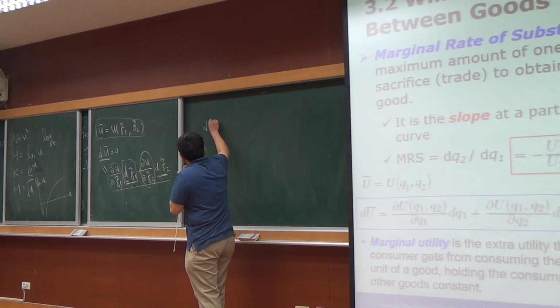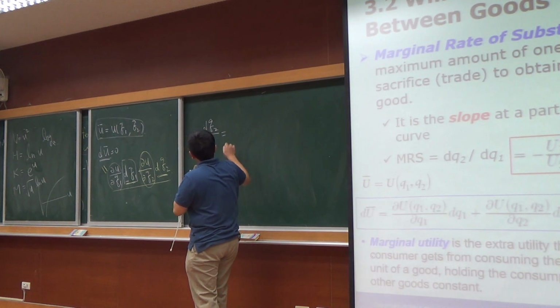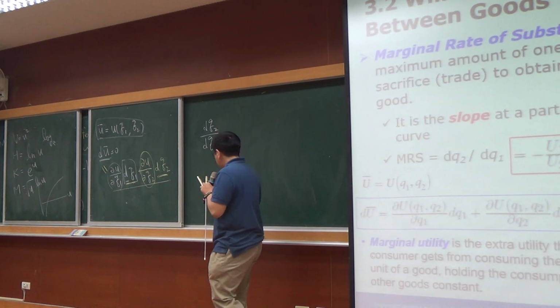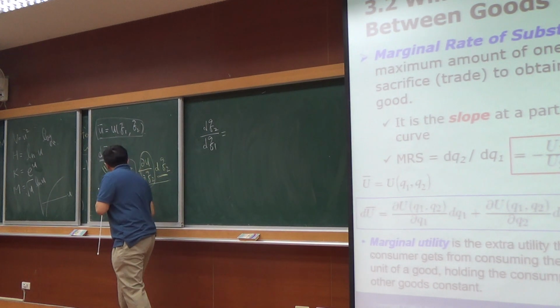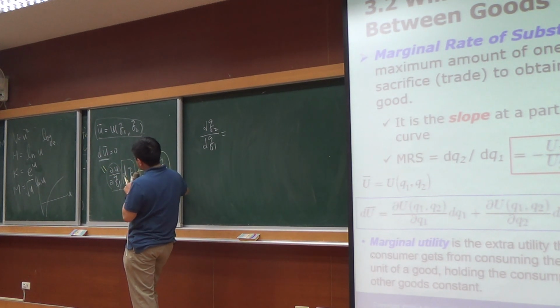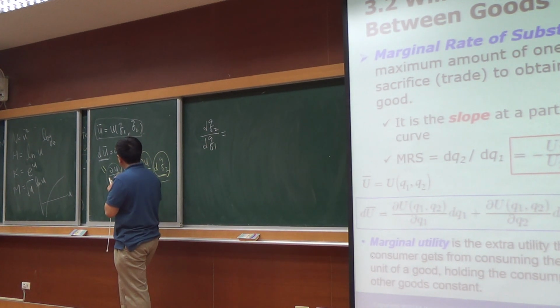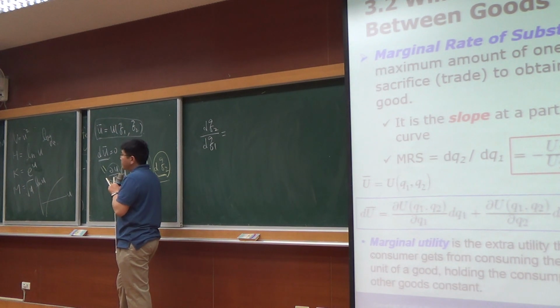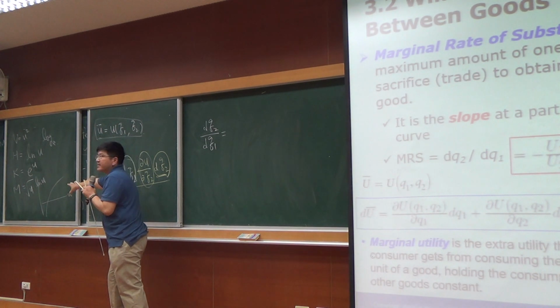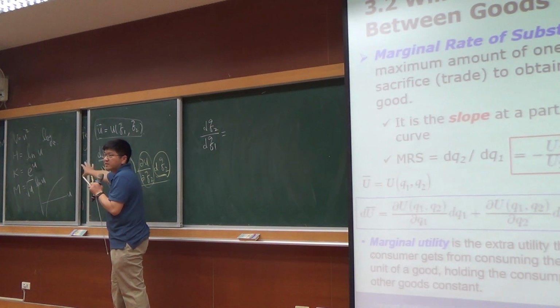Let me show you. What would be dQ2 over dQ1? We just do some manipulation. We have dQ2 here, we have dQ1 here, and we may move this term to the left-hand side, right? Because the left-hand side is 0 now.